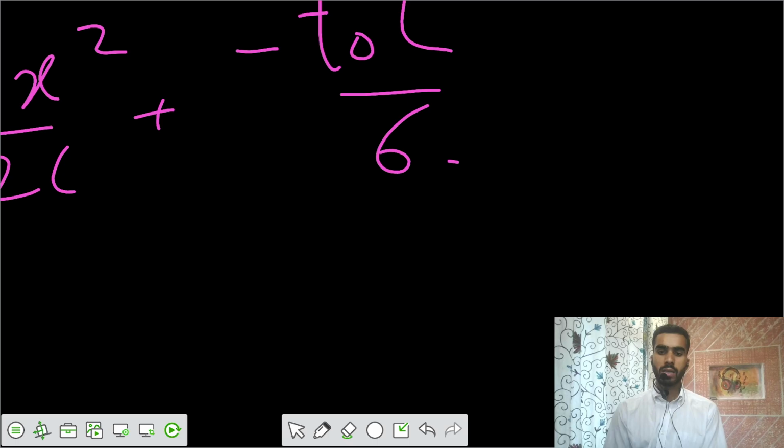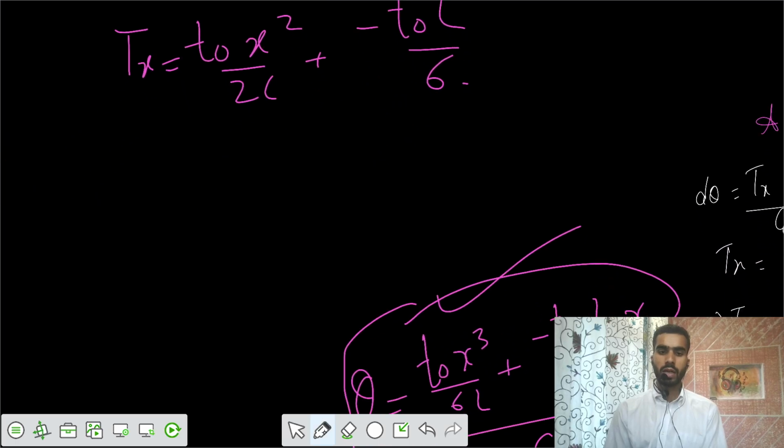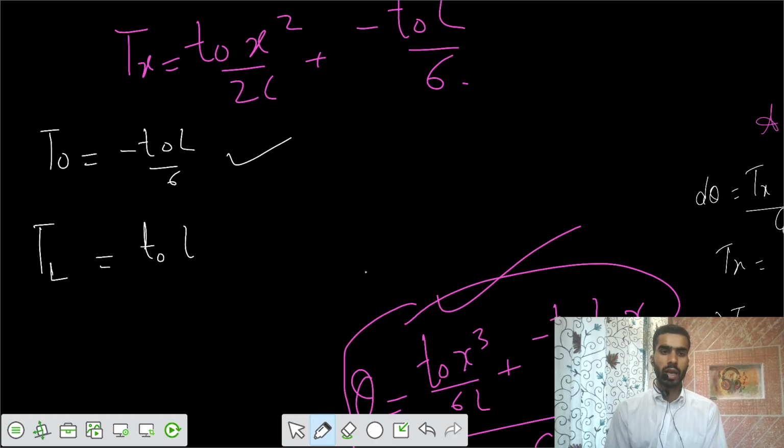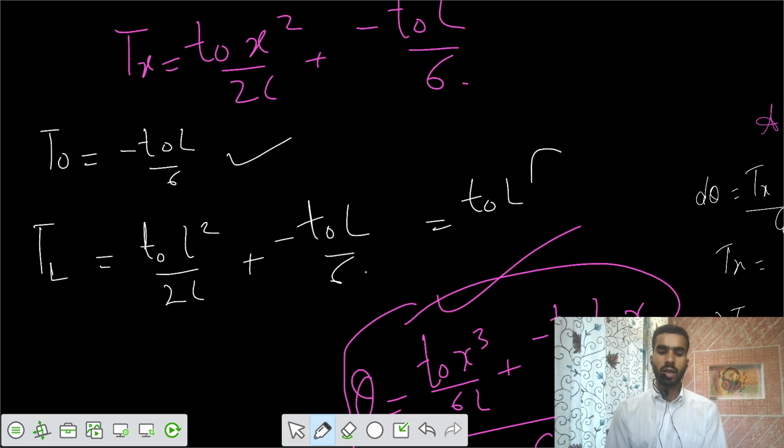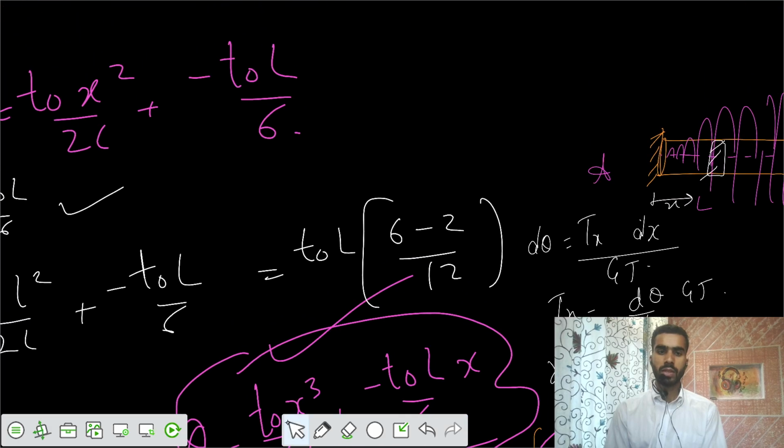The torque developed at x equals 0 is T0 L by 6. And the value of torque at x equals L is T0 L squared by 2L minus T0 L by 6, that is T0 L by 6 times (3 minus 1) by 2... that is positive 1 by 3, T0 L by 3.